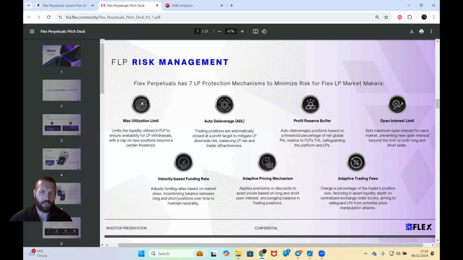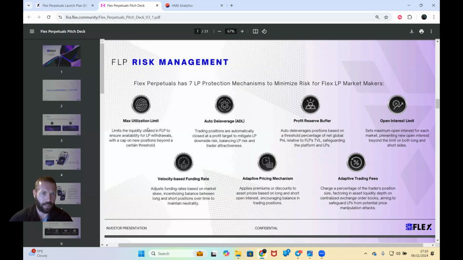So I would encourage you to read this in a bit more detail when you have time. But these 7 protection mechanisms are put in place specifically to protect that FLP, so that one massive good trade can't result in a huge amount of damage to the FLP price.